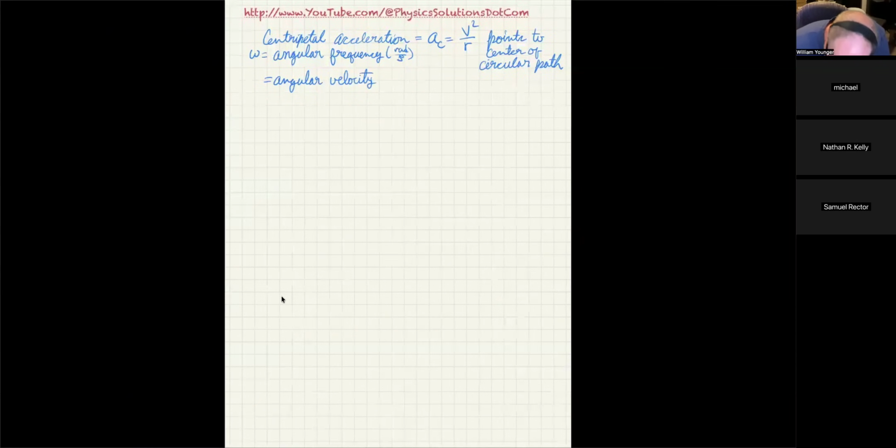So that's another phrase that we use to represent omega, but it's generally measured in radians per second. And one of the formulas for it is really just a conversion from radians per second to cycles per second. And that's given by omega equals 2 pi f, where f is called the frequency.